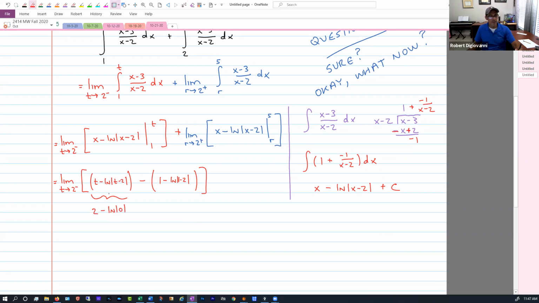In the limit on this first one, when I replace the t with 2 here, because it's an absolute value, it's always approaching 0 from positive numbers. This is the third time we've seen this now. That heads to negative infinity. So we can say it diverges. Didn't even have to do this one because the first one diverged.